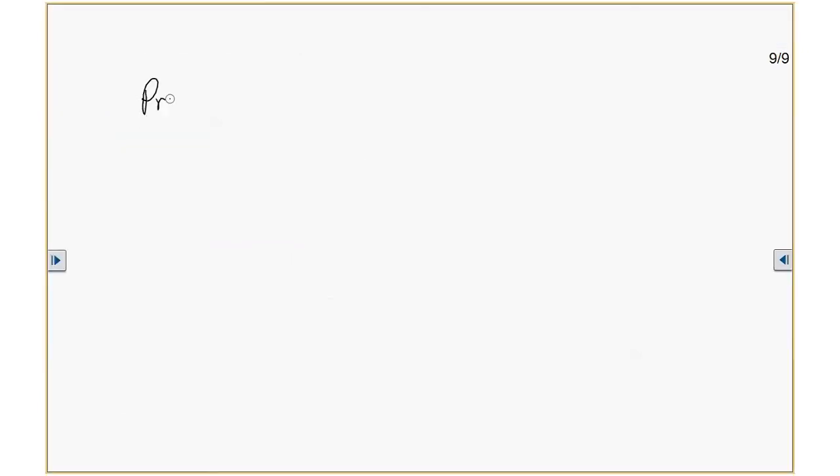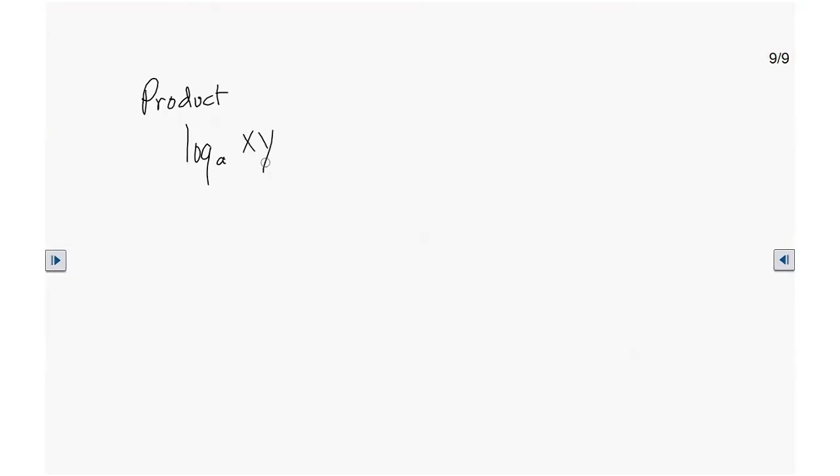Product rule. I think I showed y'all this last time. Log base A of xy yields log base A of x plus log base A of y.